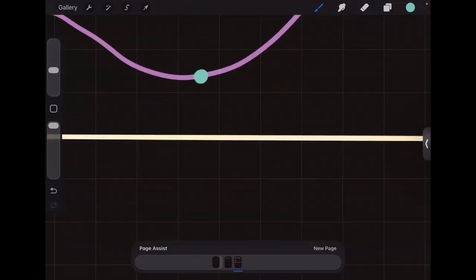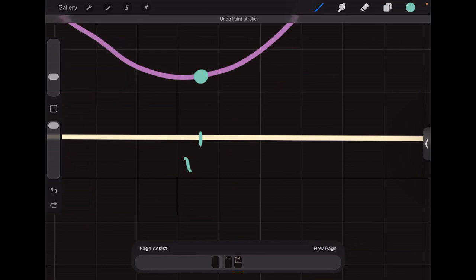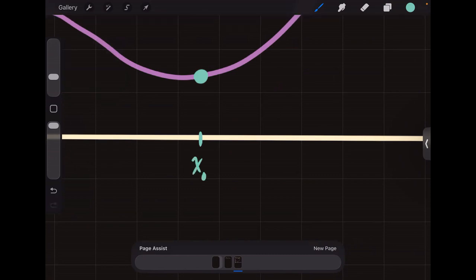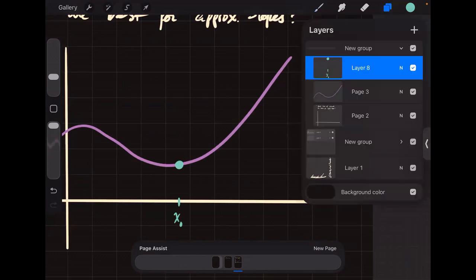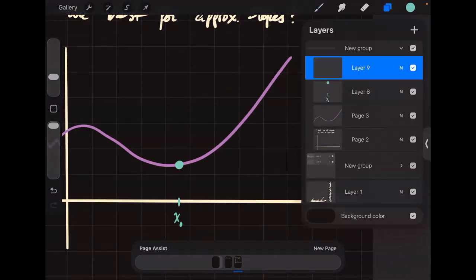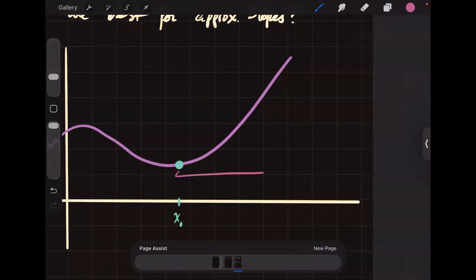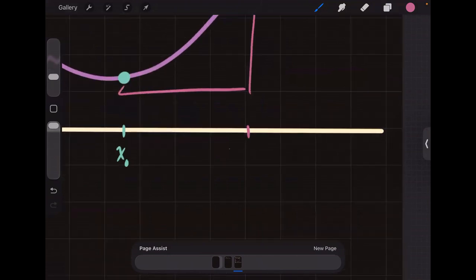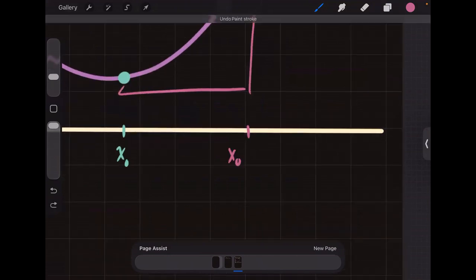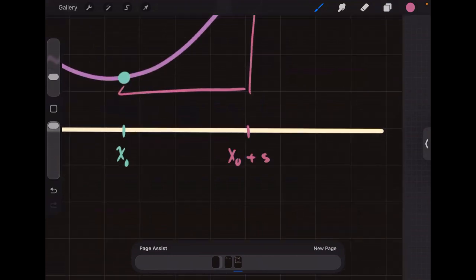Let's call this x sub 0, or x naught for short. If you were to use an interval to approximate this, you might go here. Let's call this x sub 0 plus 5.